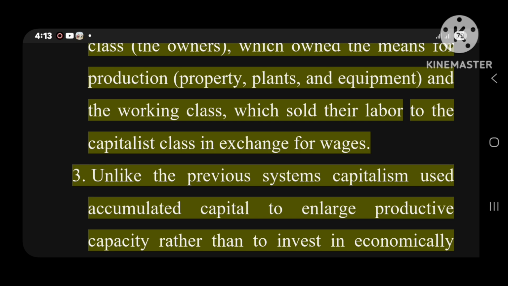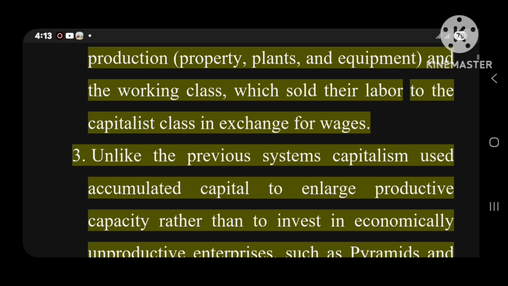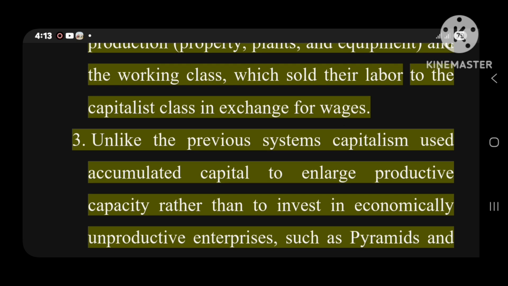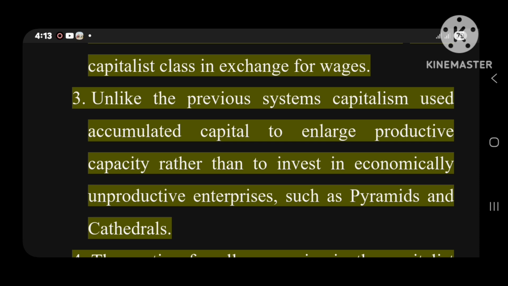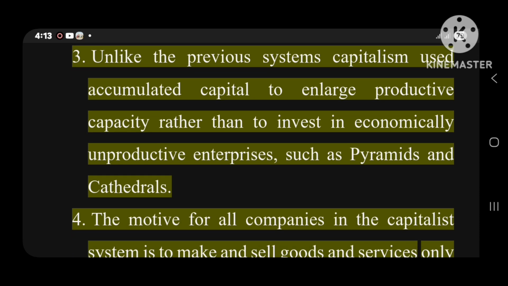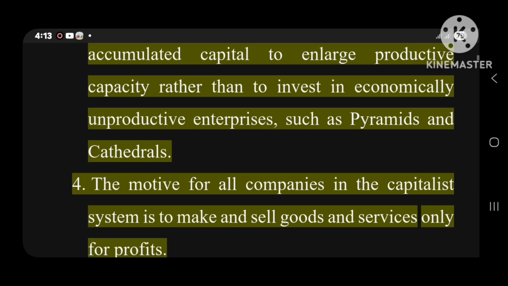The third characteristic of capitalism was unlike the previous system. Unlike the feudal system, capitalism used to accumulate capital to enlarge productive capacity rather than to invest in economically unproductive enterprises such as pyramids and cathedrals. So this was the third characteristic of capitalism.